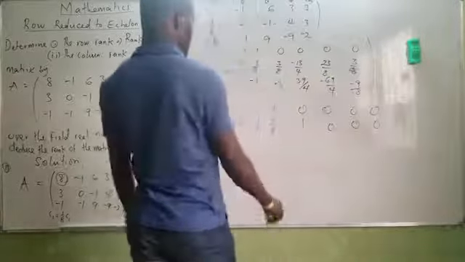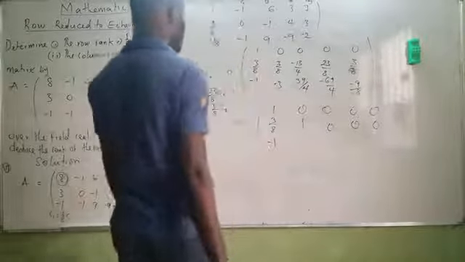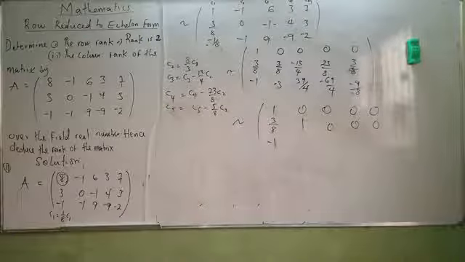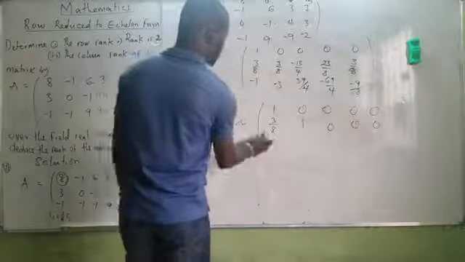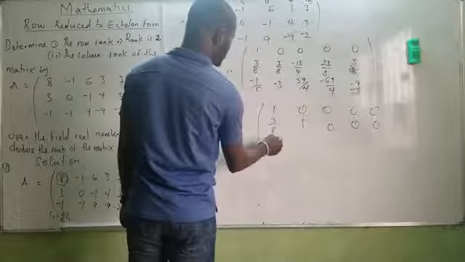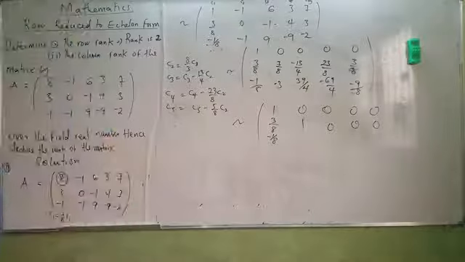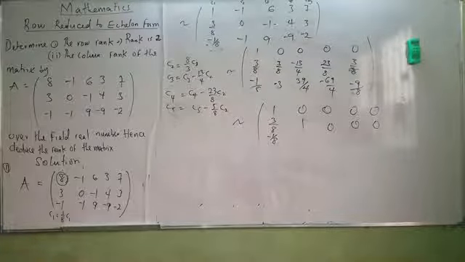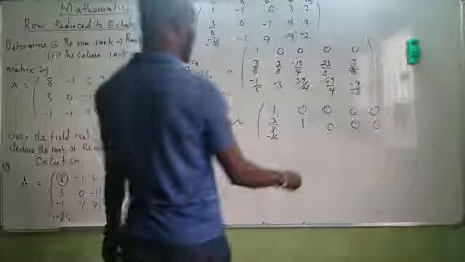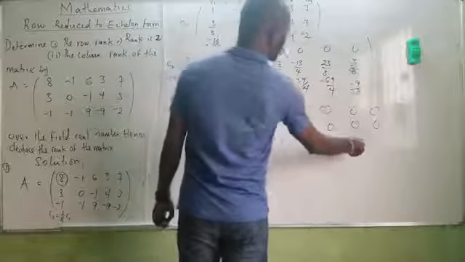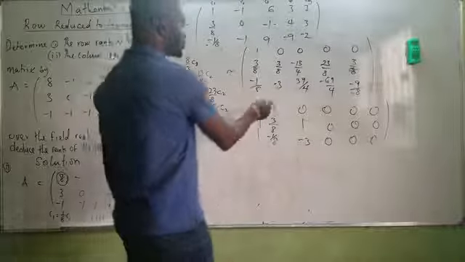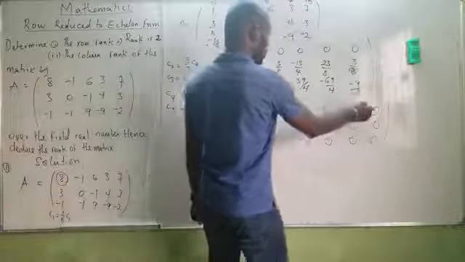And here will be minus 1 all over 8. And I'll be having minus 3, 0, 0, 0. That is the operation. Now, it means I just reduce the column. This is the column reduction.